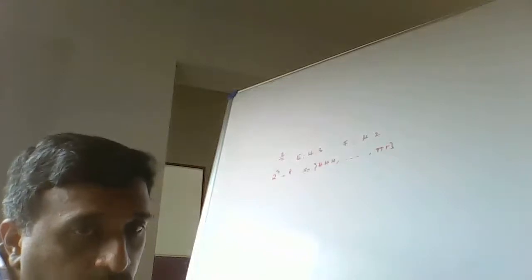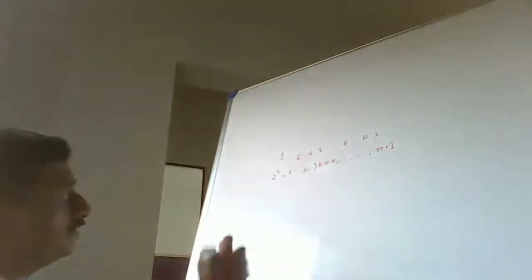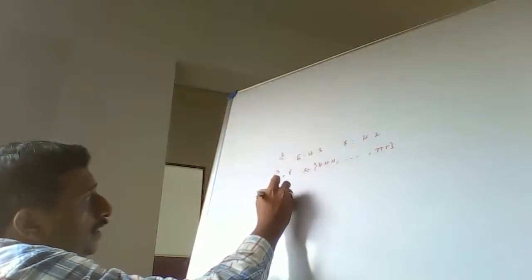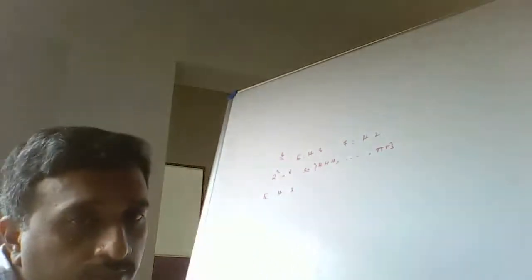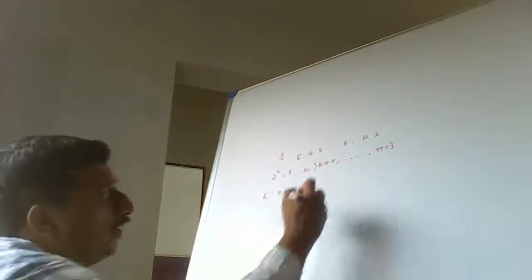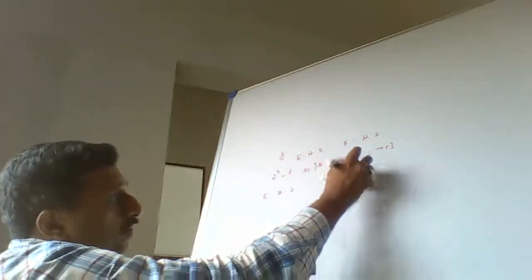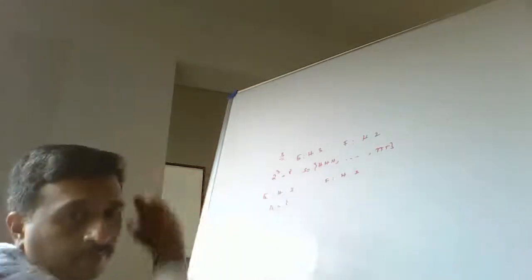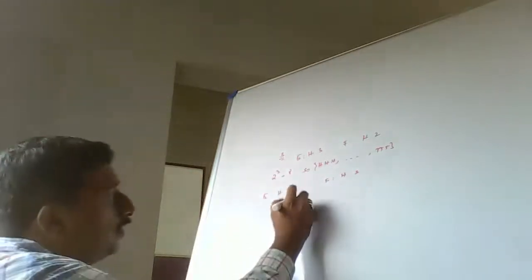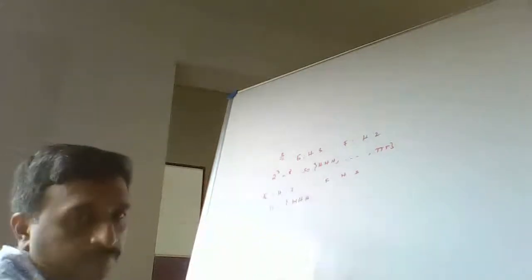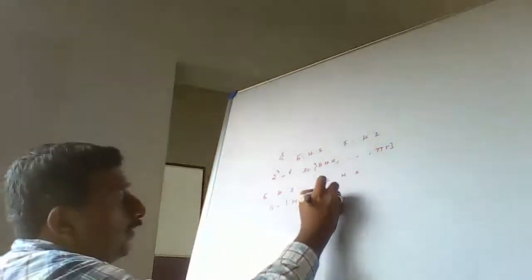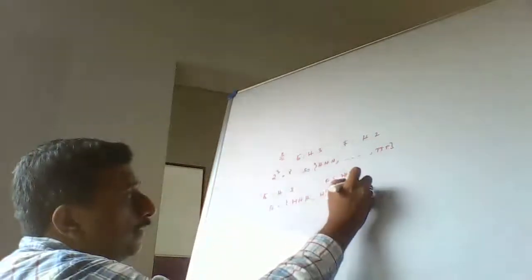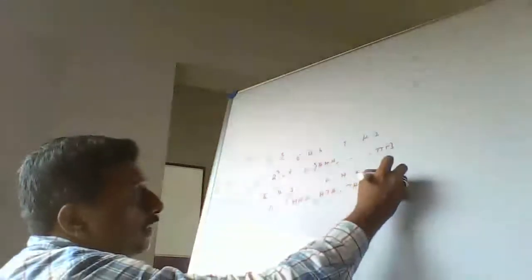Now, if I consider the first part of the problem, E is head on the third toss, and F is head on the first two tosses. The event E will be head, head, head, correct? Head, tail, head, correct? And tail, head, head, correct? And tail, tail, head.